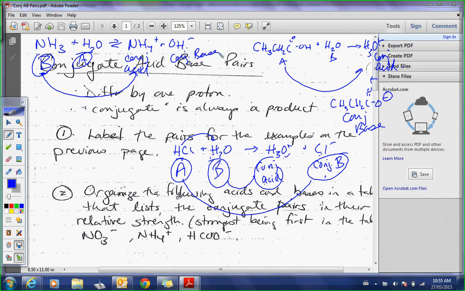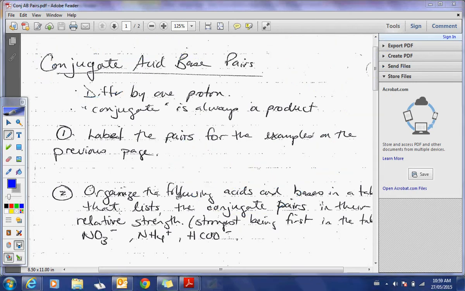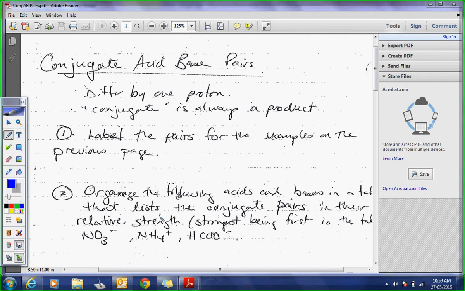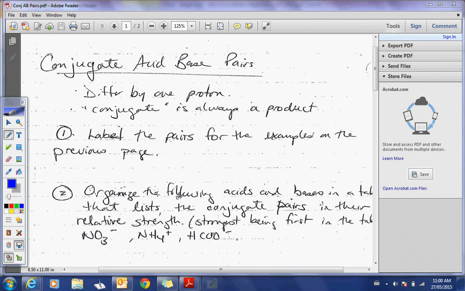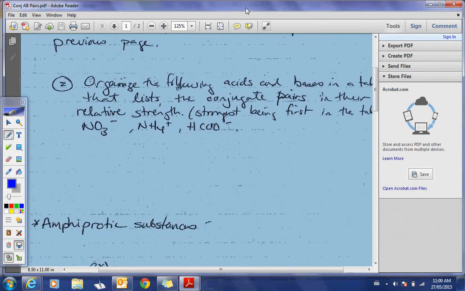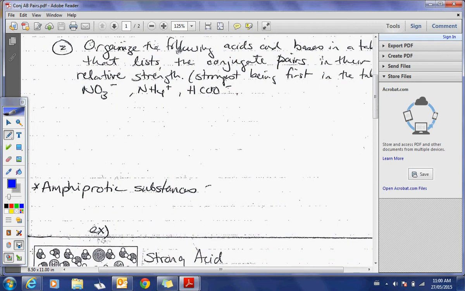And most often, this is how we apply it. Here's the reaction all written for you. Tell me the conjugate acids and base pairs, which you've just done. Okay? A little bit more tricky to see is this number 2 question. Organize the following acids and bases in a table that lists the conjugate pairs in their relative strength, strongest being in the first table.